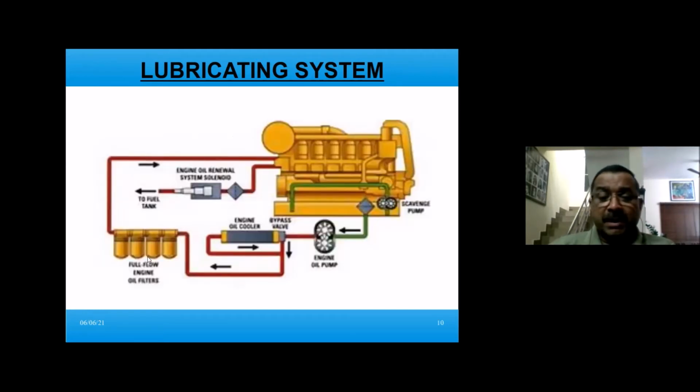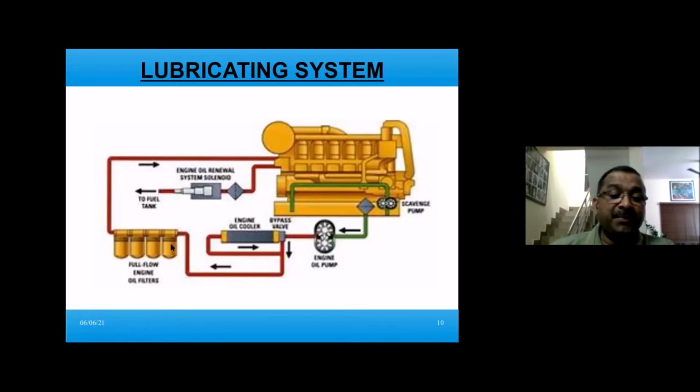So this is the picture of a lubricating system. Together with the engine assembly, there will be a sump at the downside, the lubricating oil sump. From there, a pump will collect lubricating oil, and it will go through a filter system.